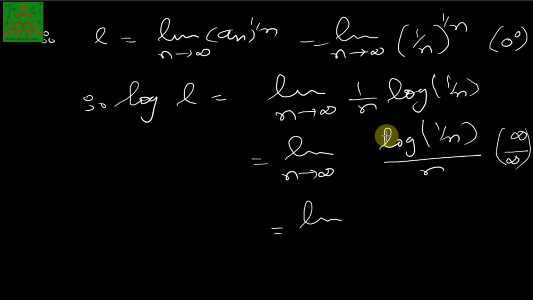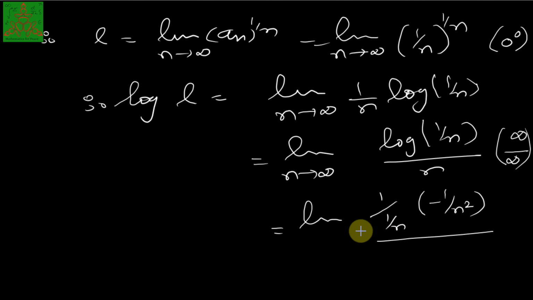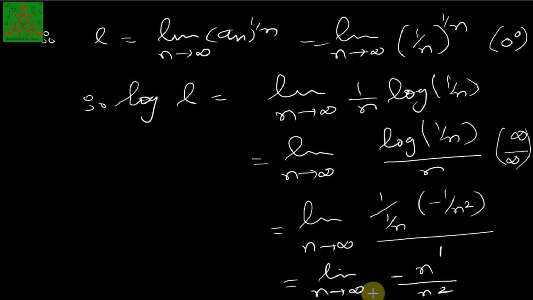So take the limit of the derivative of the numerator, the derivative of log(1/n), which is 1 upon (1/n) into the derivative of 1 upon n, that is minus 1 upon n square, and the denominator is n, whose derivative gives 1, as n tends to infinity. If you simplify this, the denominator goes into the numerator, so it is n upon n square with a minus sign, and n gets cancelled out, so it is 1 upon n, and as n tends to infinity 1 upon n tends to 0.